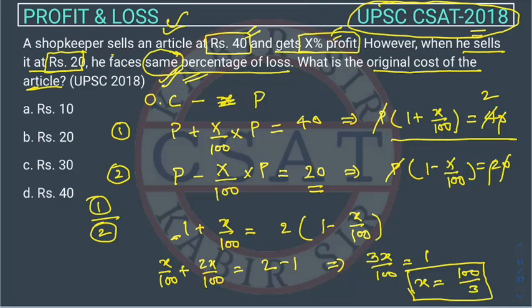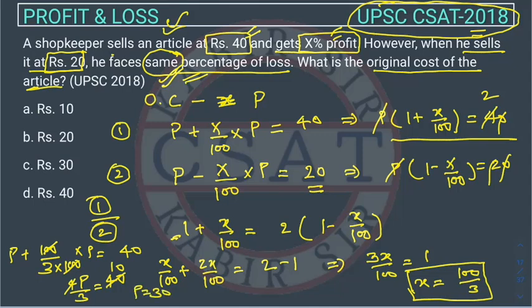Suppose we put it in the first: P plus 100 by 3 into 100 into P is equal to 40. This 100 will cancel this 100. We take LCM 3, so it becomes 4P upon 3 is equal to 40. This 4 will cut the 40, it becomes 10, so P will be 30.